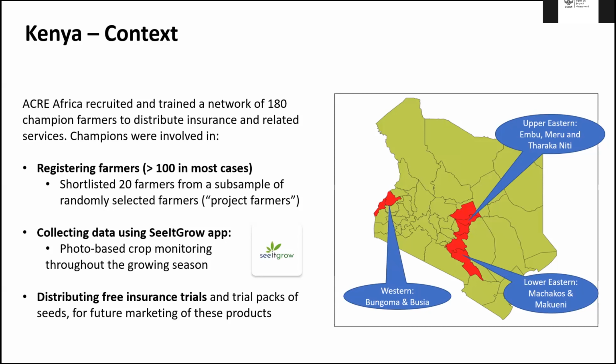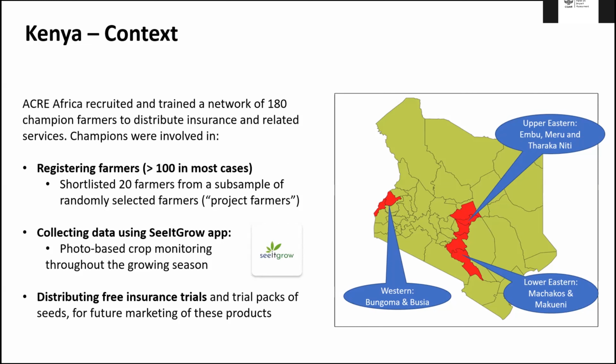So these champions in the project, they were provided a smartphone and also trained on how to send in images, how to sell insurance, provide insurance education for farmers, and also provide a number of additional services, including seeds. So what the champions then did after that training is they registered farmers in their community, often more than 100, which was perfect for us as a sampling frame.